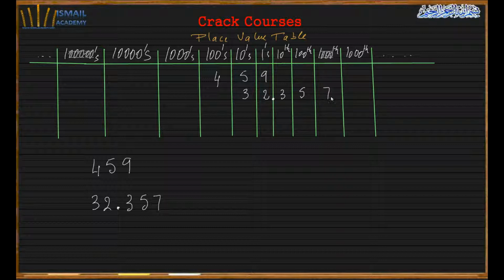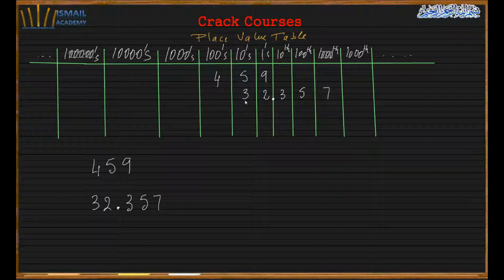So the quantity of the 7 is thousandth. So it's going to be 357 thousandths. So this is how we read it.